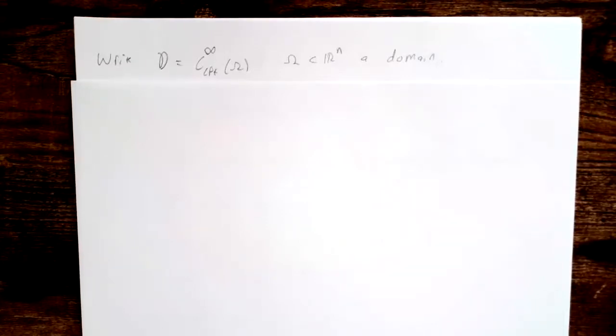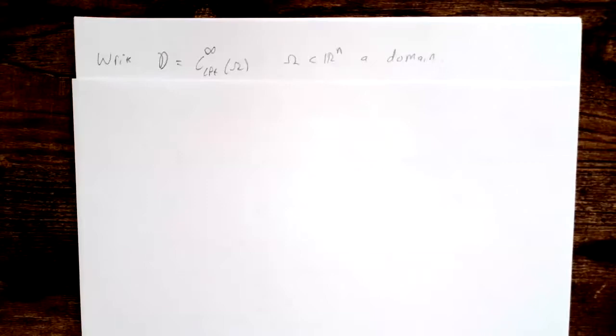And going through and reading Borthwick's arguments, it seems like he also wants the compact support of the function to be a strict subset of omega. It's just a small technical detail, but anyway, the definition of C infinity compact is what I said it is.